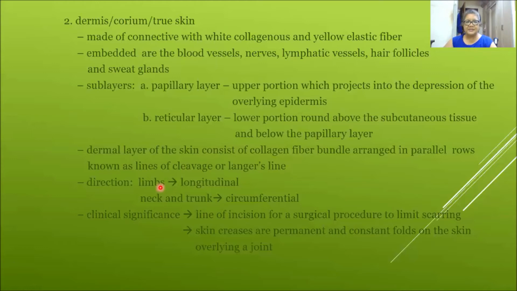The line of incision for a surgical procedure will limit scarring if you follow the arrangement of the collagen fiber bundles. So, for example, when you do a thyroidectomy, or removal of the thyroid, your thyroid is in the neck.